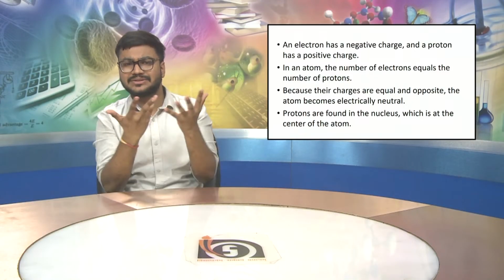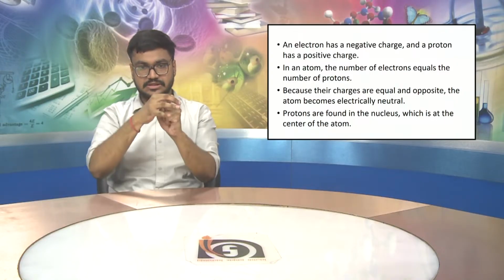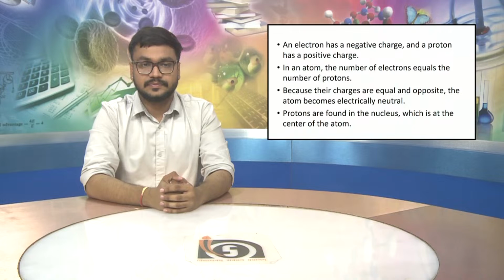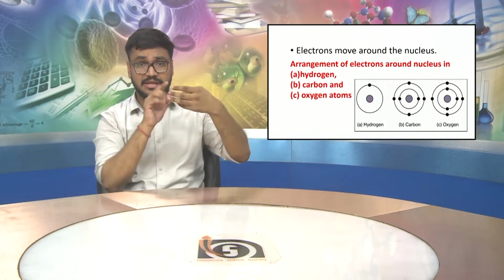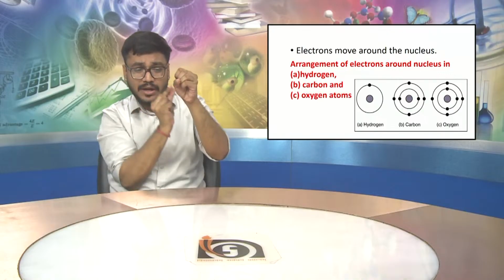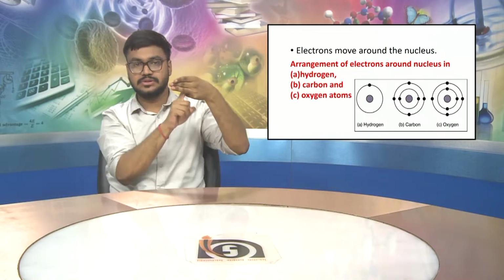And protons are found in the nucleus, which is at the center of the atom. Electrons move around the nucleus.